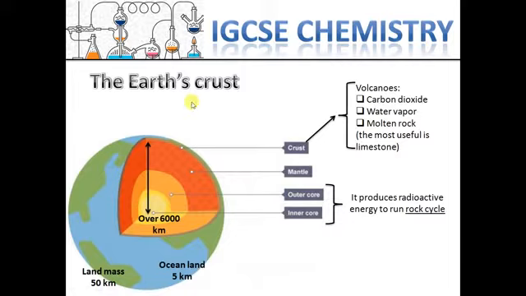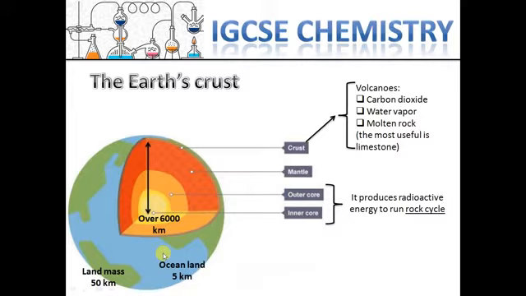The thickness of the actual land mass is around 50 kilometers, the place where there is land. But at the bottom of the ocean or sea, the thickness of the land is around 5 kilometers. So we can see that the mass of the land is thicker, the place where we humans are actually living.